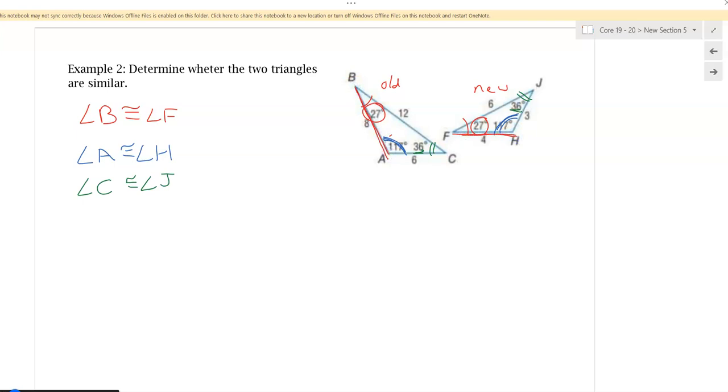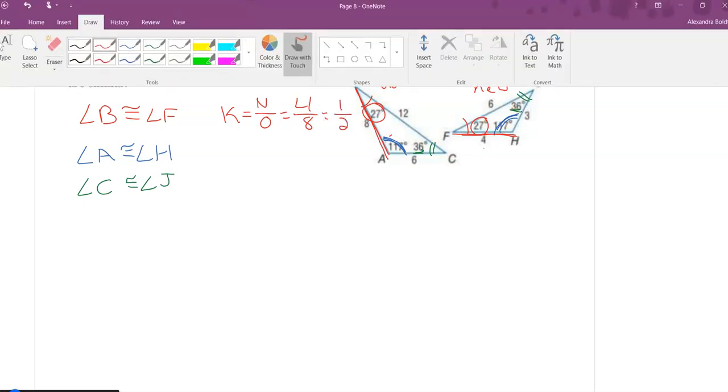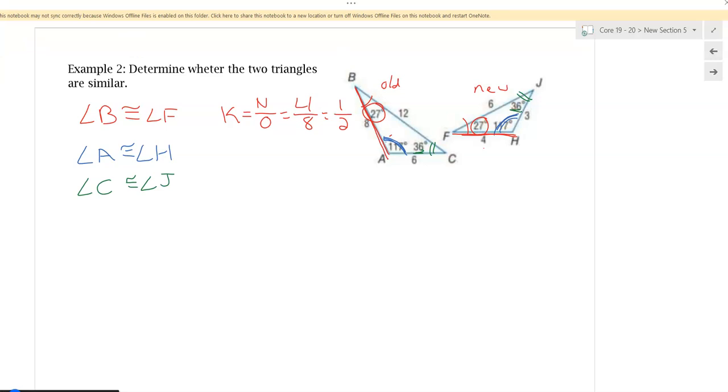All right, I'm going to do K equals new over old, which is 4 over 8, which equals 1/2. Then I'm going to do my blue to my green side. Again, K equals new over old.